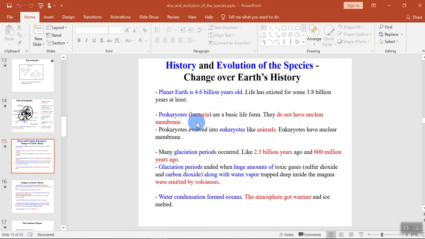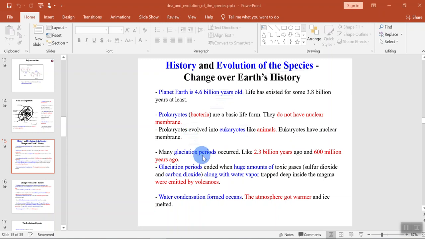There are the bacteria, we call them prokaryotes, where there are no membranes around the nucleus. They do not have a nuclear membrane. And prokaryotes evolved into eukaryotes, like animals and plants. Humans are eukaryotes. Eukaryotes have a nuclear membrane and developed genetic material and so on.